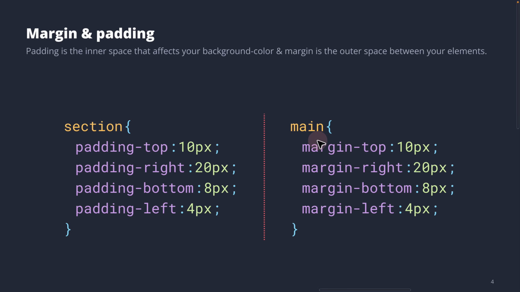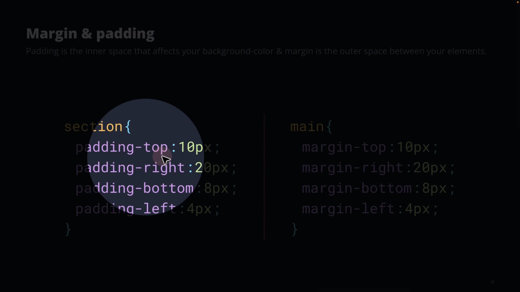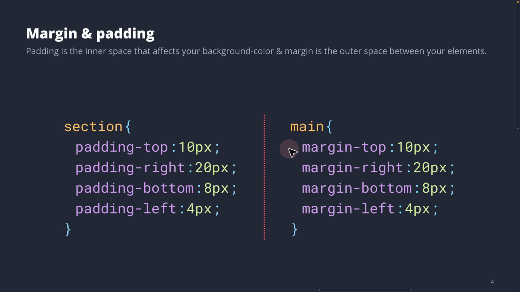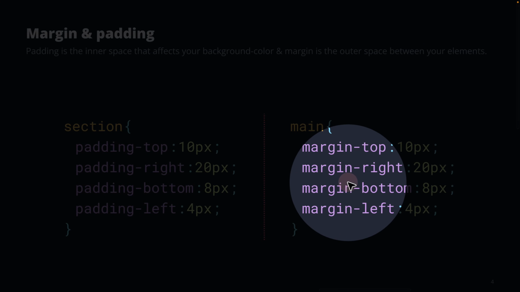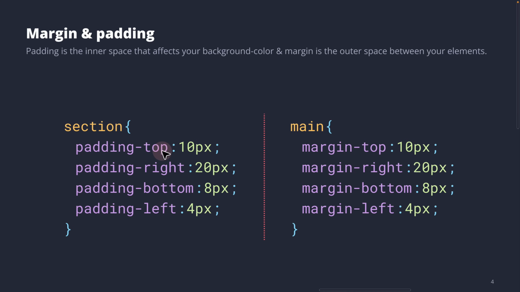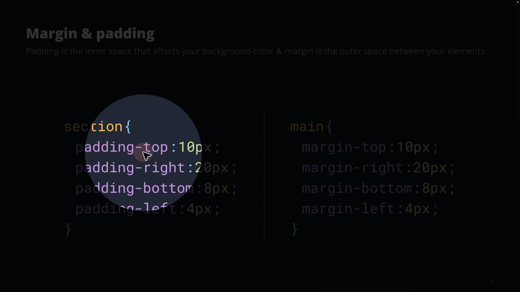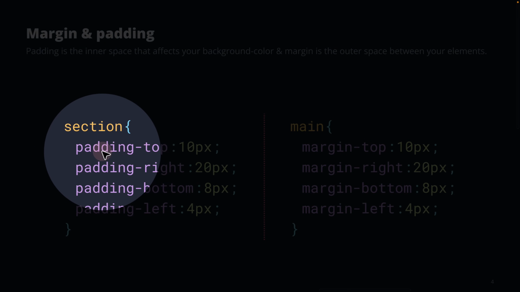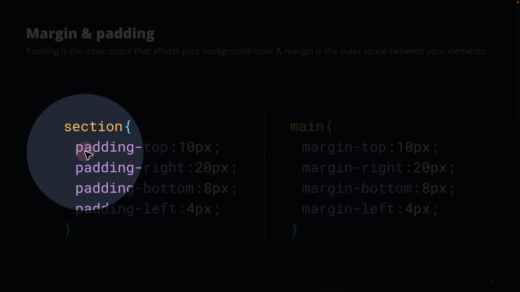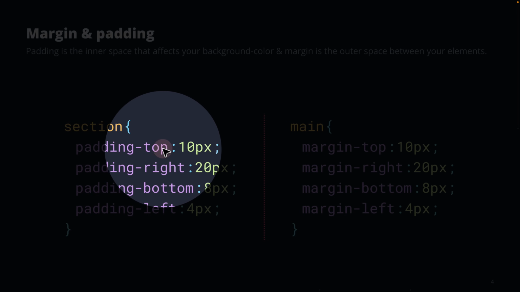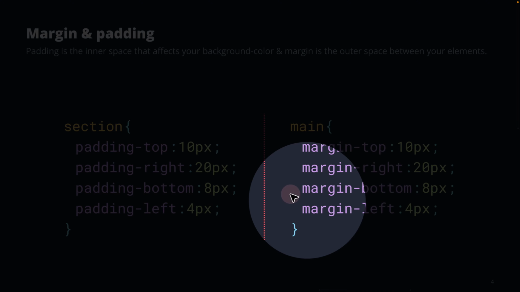And the way it works is, if we have a background color, we can use padding to increase the size of our button. And if we have two buttons next to each other, we can use the margin to add space between the two buttons. And as you can see, the naming convention is again with a dash, no spacing. So if you decide to use padding top, you have to write padding-top, all lowercase. Same rules apply with the margin as well.